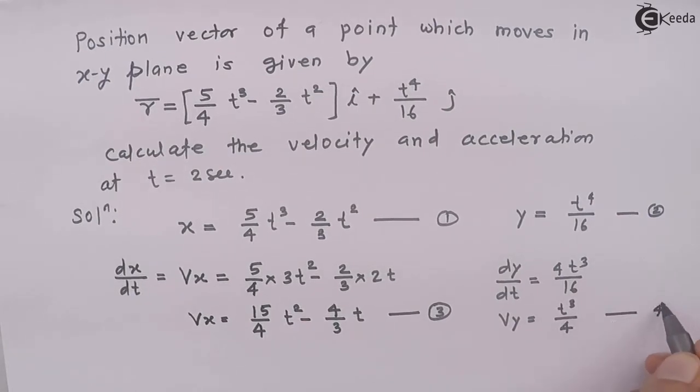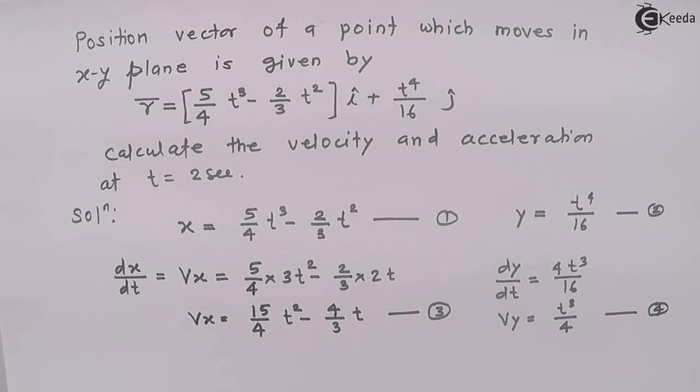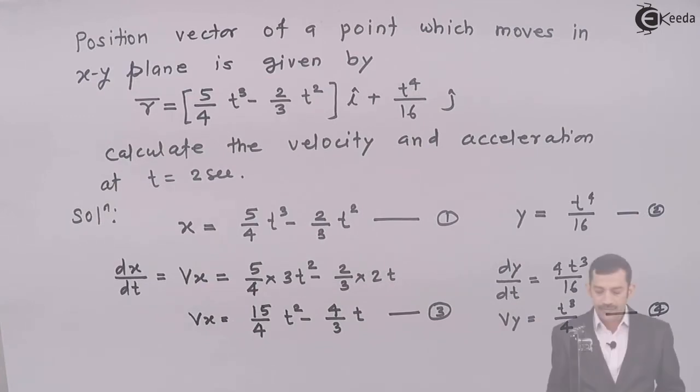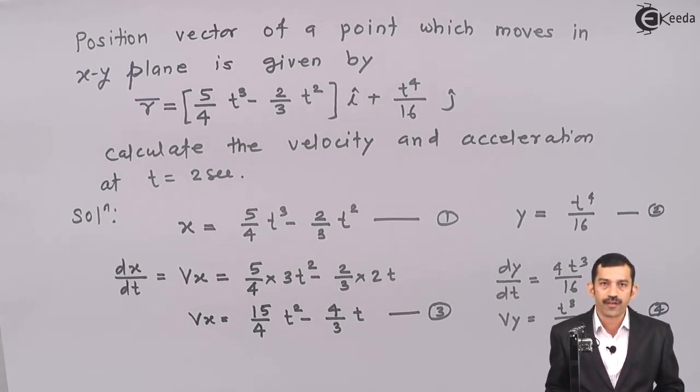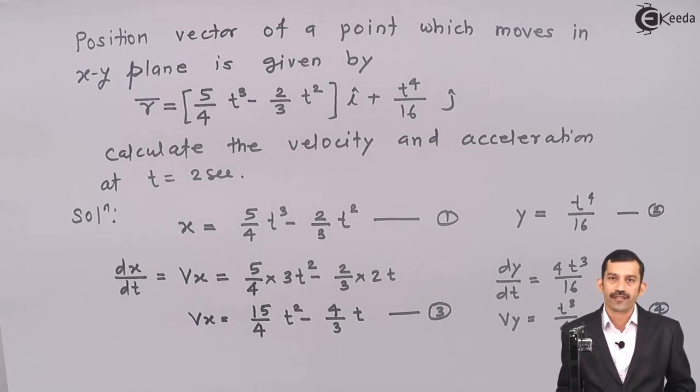This is equation number 4. Equations of x and y were given; differentiating them with respect to time t, we get Vx and Vy. Now again, if we differentiate Vx with respect to time t, we will get the component of acceleration along the x-axis, and if we differentiate Vy with respect to time t, we will get the component of acceleration along the y-axis.